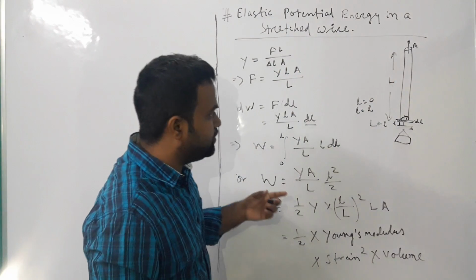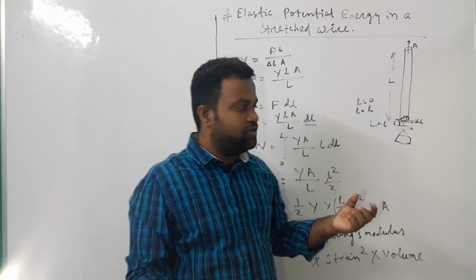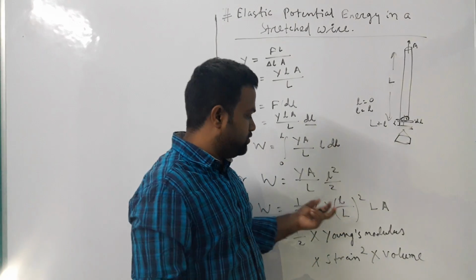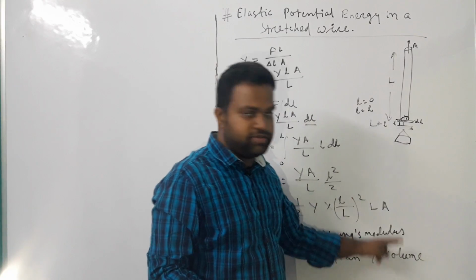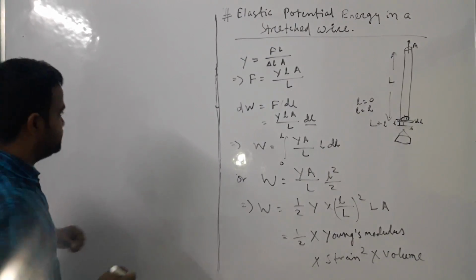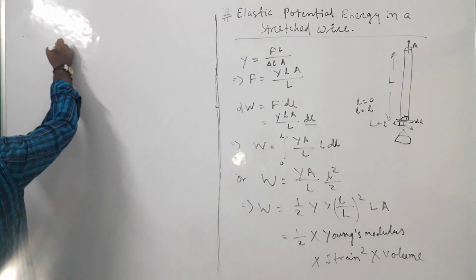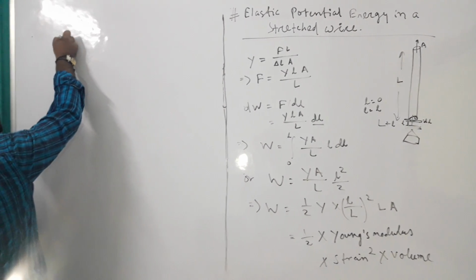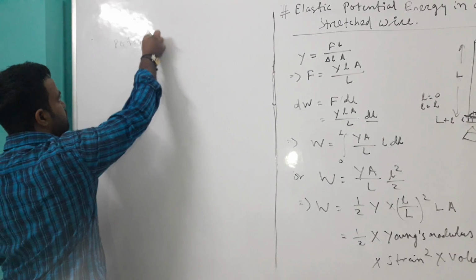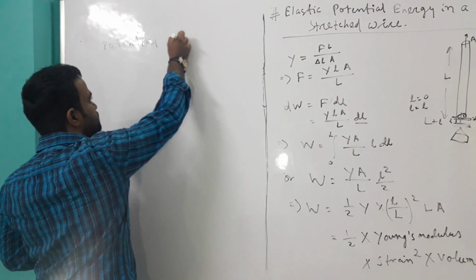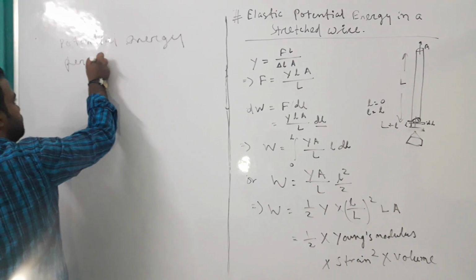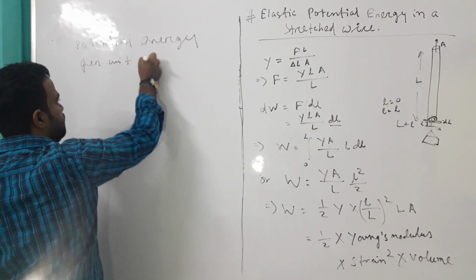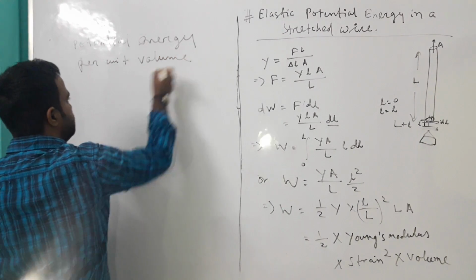Now if we calculate the potential energy per unit volume, I will just divide by the volume.